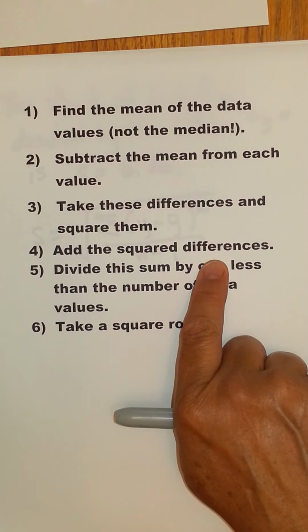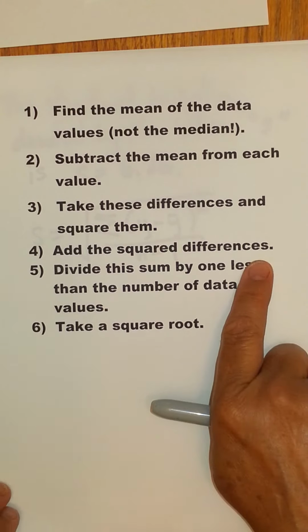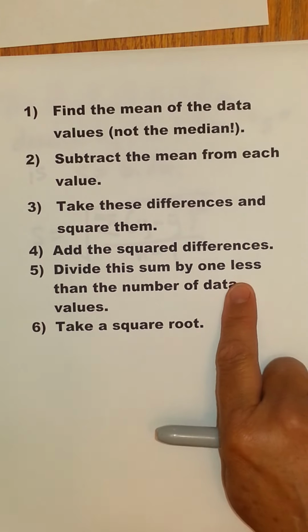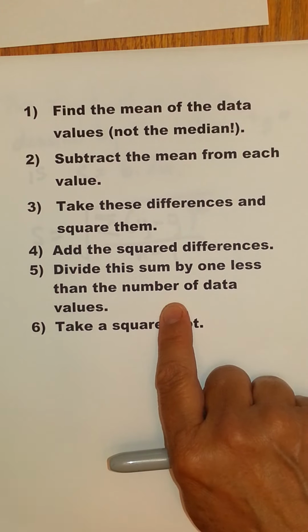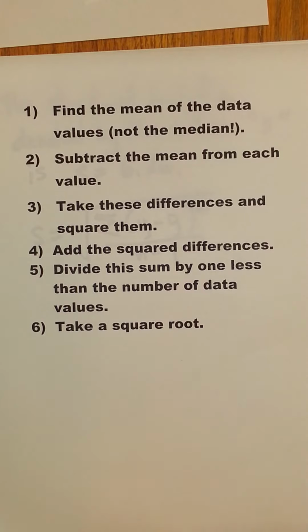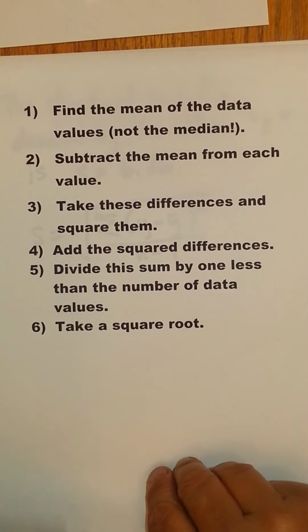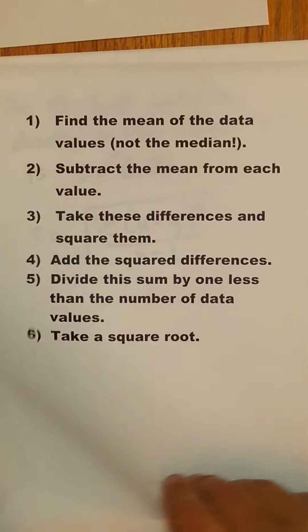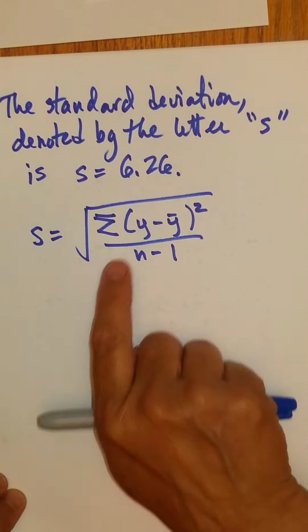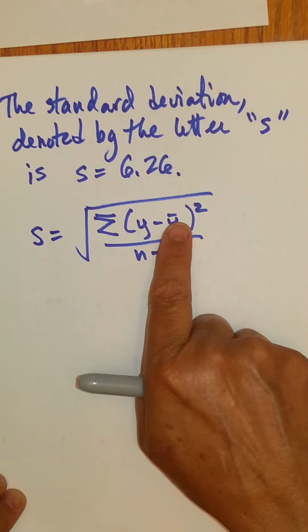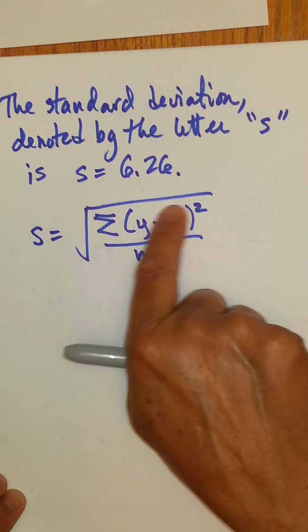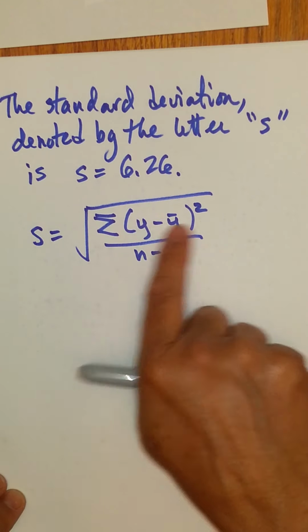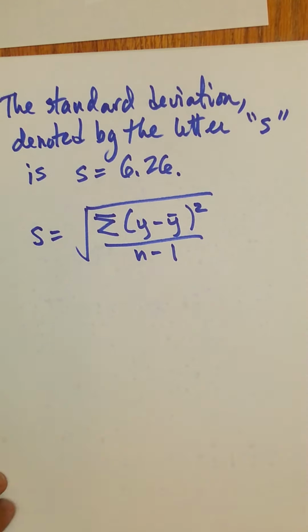Then we went ahead and continued with our average, so we added the squared differences, divided this by 1 less than the number of data values for a slightly overestimated average, and then we took a square root. Okay? Essentially, that's what this formula is doing. How far is each value from the mean? Then you square these distances, add up the squared distances, divide by 1 less value, and take a square root.